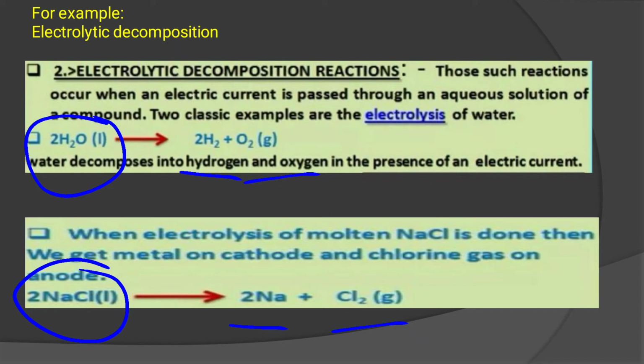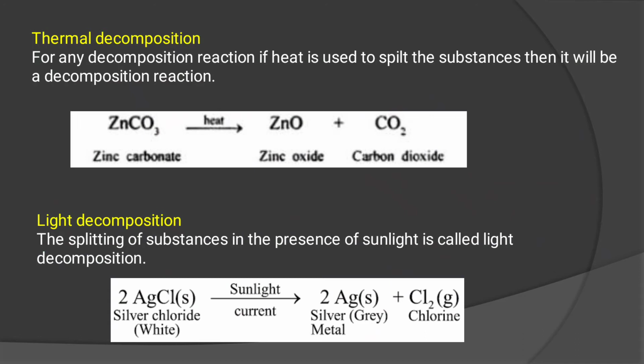I cannot explain more examples in one video, so you have to refer to your textbook or help books to understand the different types of examples for this. Okay, so this is the basic idea, and this example is of electric current energy that we use for splitting up. The next is if we are using heat energy. Here we have taken an example of zinc carbonate.